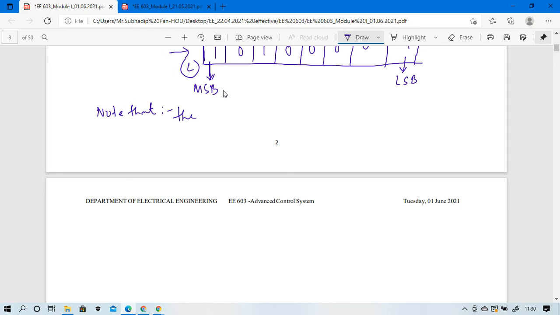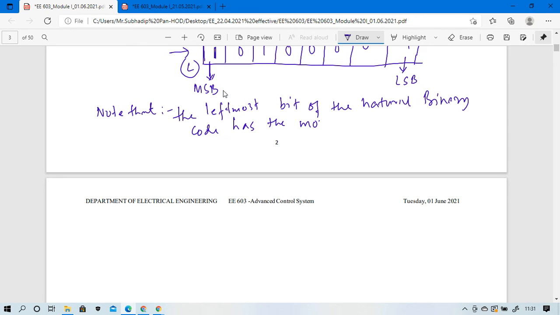So the leftmost bit of a natural binary code, and the leftmost bit here is the one, has the most weight.